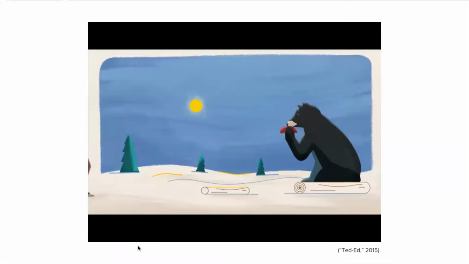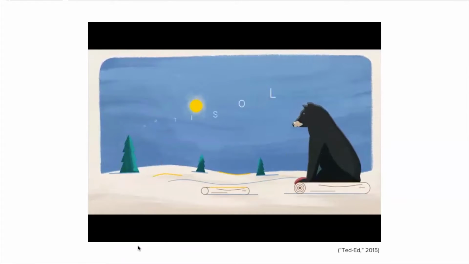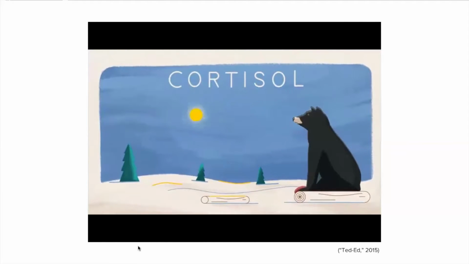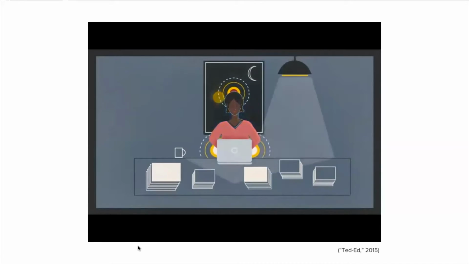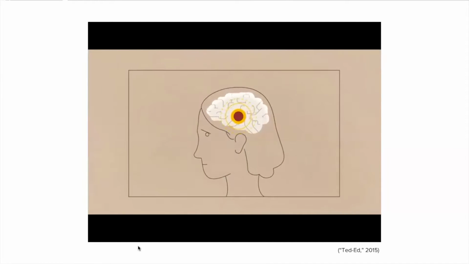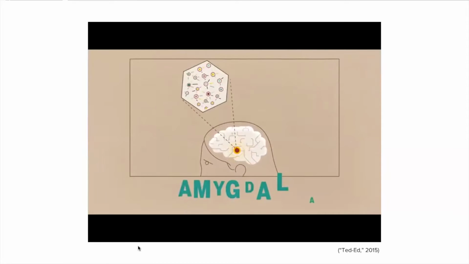When your brain detects a stressful situation, your HPA axis is instantly activated and releases a hormone called cortisol, which primes your body for instant action. But high levels of cortisol over long periods of time wreak havoc on your brain. For example, chronic stress increases the activity level and number of neural connections in the amygdala, the brain's fear center.